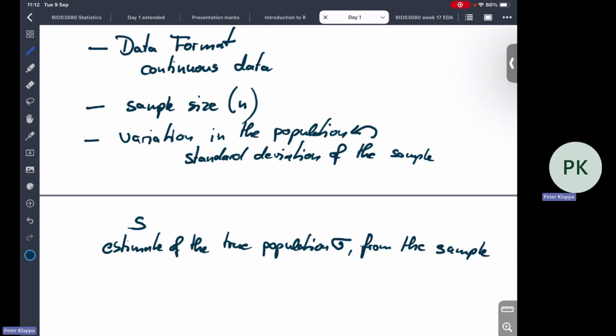Right? It's 5 centimeters in this small group. And you've seen how I calculated that yesterday, standard deviation. Question for you. What do you think will be the standard deviation of the population? Will it also be 5 centimeters? Could it be smaller than 5 centimeters?